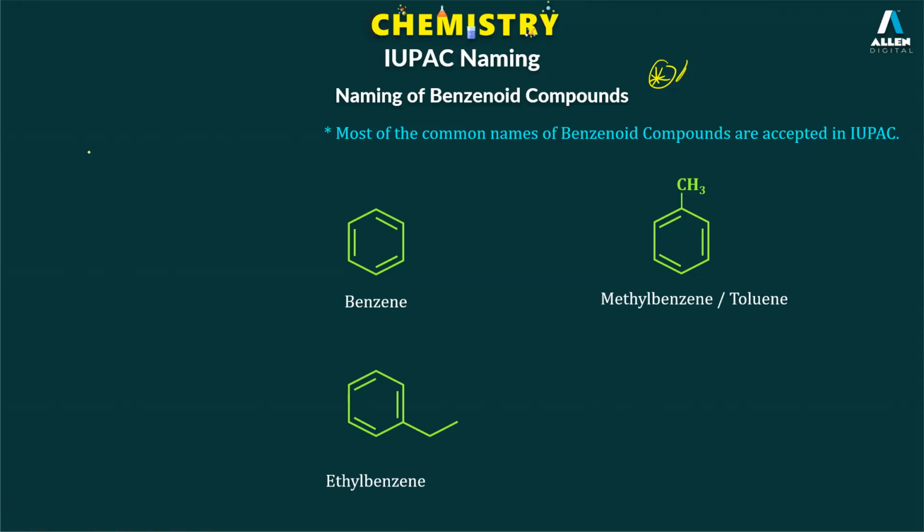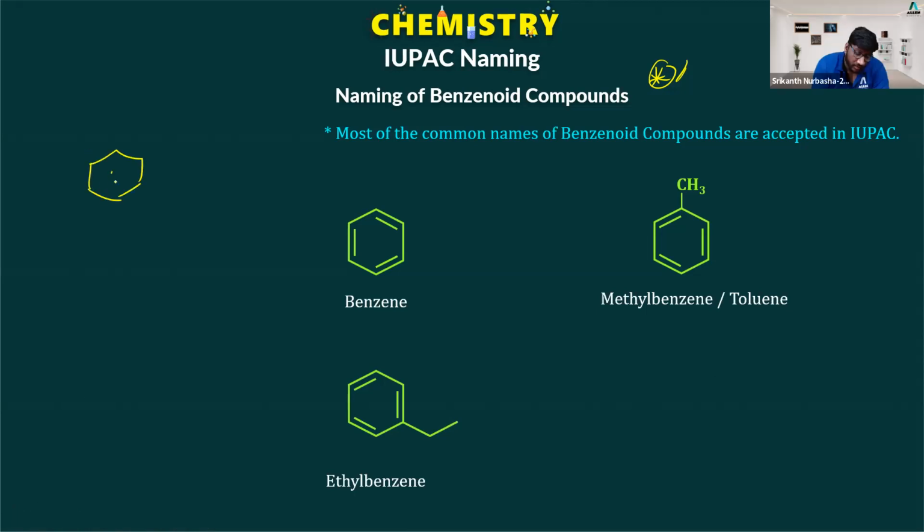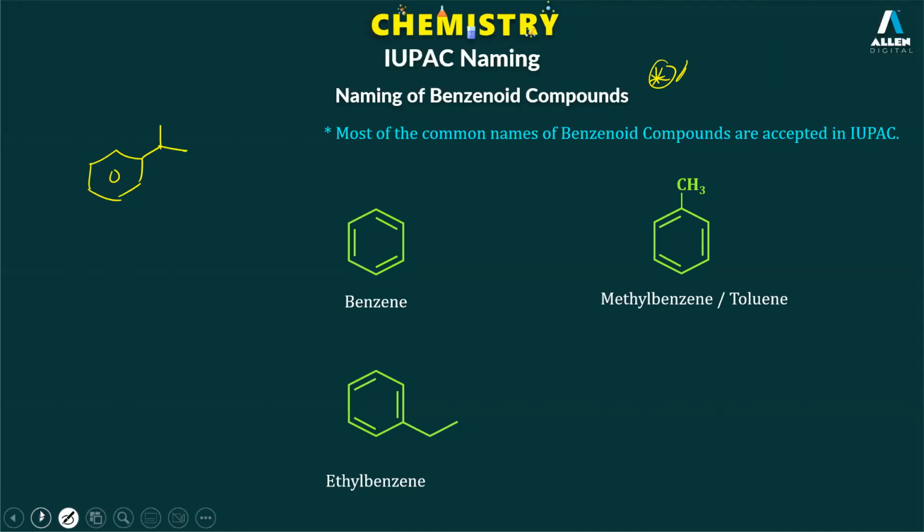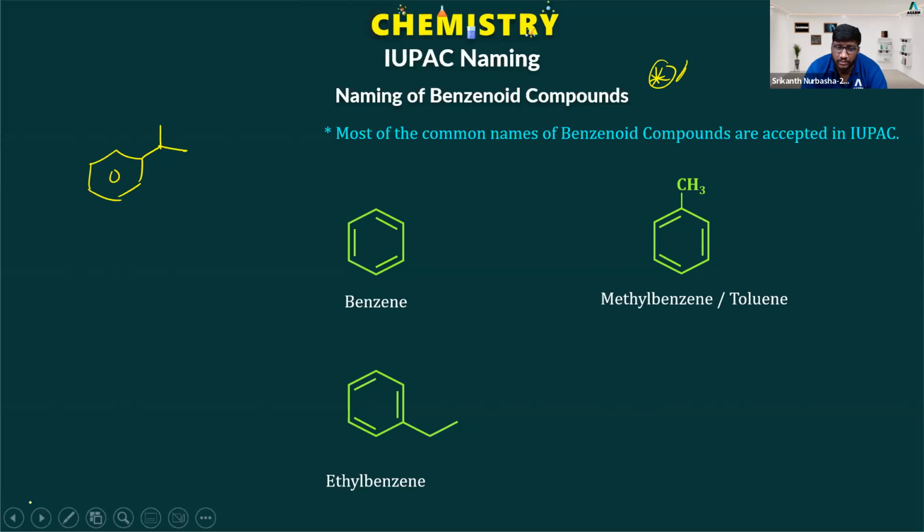What is the name of that compound? We have a compound like this. Isopropyl benzene. Here, on the second position, you have the phenyl substituent.